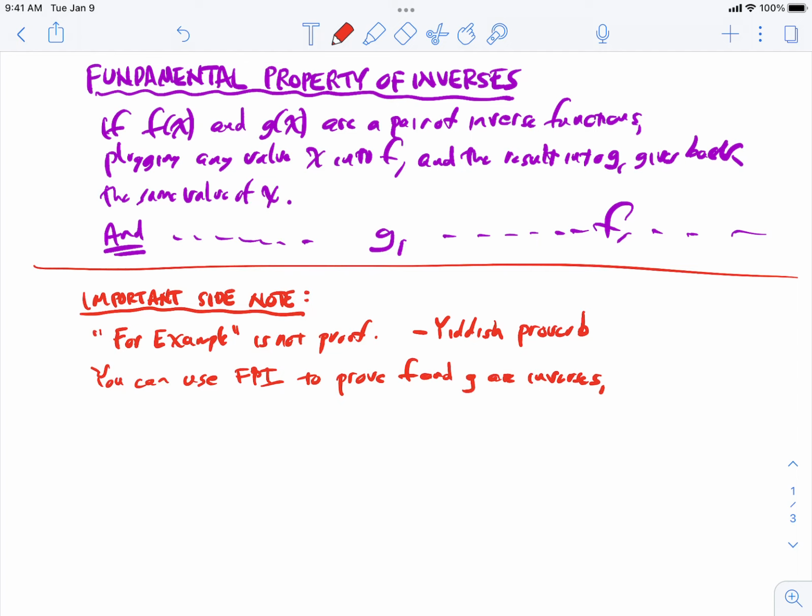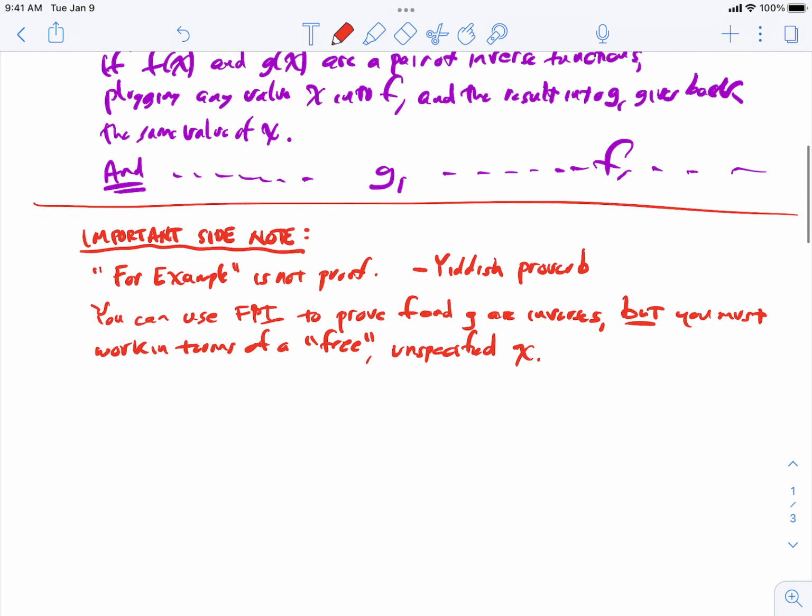You can do it, but you must work in terms of what I'll call a free, in other words, unspecified x. These thick pens are bumming me out here. You don't make up a number for x. You just say, well, for all x's that I would ever care to make up, it'll work.